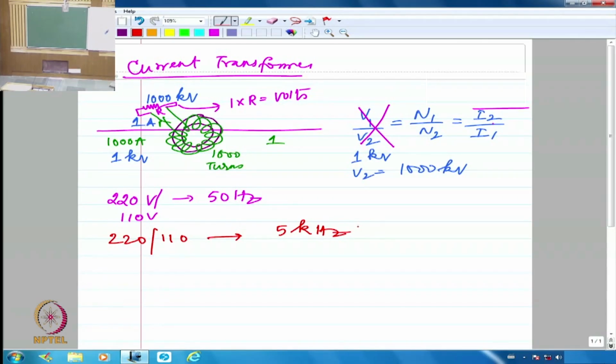In both the cases, I am going to have E equal to 4.44 F into number of turns.